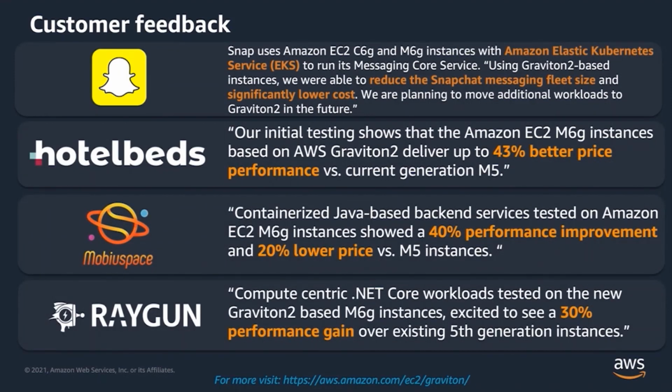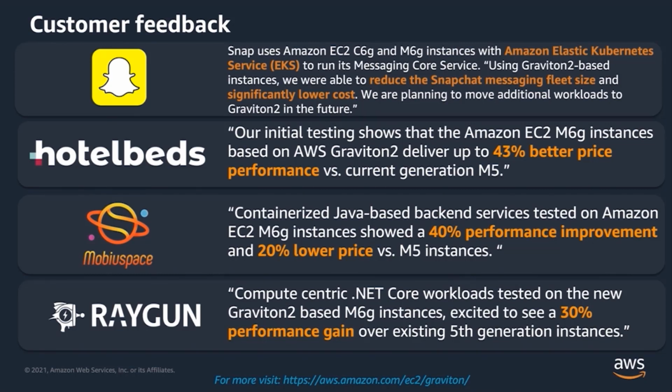Snapchat is an outspoken Graviton2 customer here, consuming Graviton2-based instances through their Amazon Elastic Kubernetes Service clusters. So in this case, they were able to actually reduce the size of the Snapchat messaging fleet and save a lot on their EC2 spend from a combination of the per unit savings of Graviton instances, as well as, again, just running fewer instances to serve the same workloads.